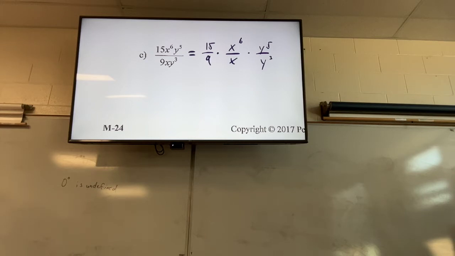Does anyone not see how I could rewrite it that way? I just rewrote it as the product of three fractions. Then 15 over 9 is 5 over 3. X to the 6 over x, and what's that? Yeah, x to the 5th. And then Danny Hall, what's y to the 5th over y cubed? Sweet.